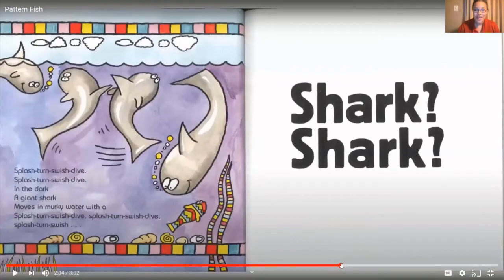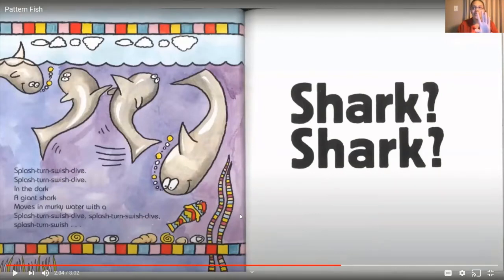Remember the shark page? Okay, the shark page says splash, turn, swish, dive. So this one also has 4 parts, but are there any that are the same? No. So the 4 parts of the core are all different. So let's see.